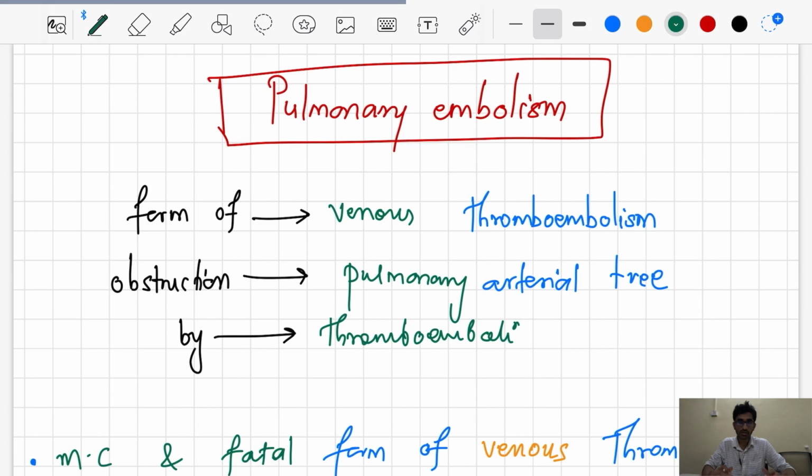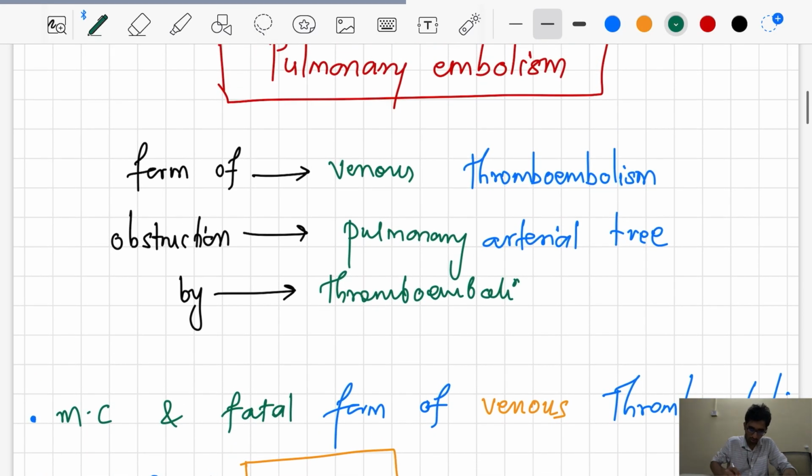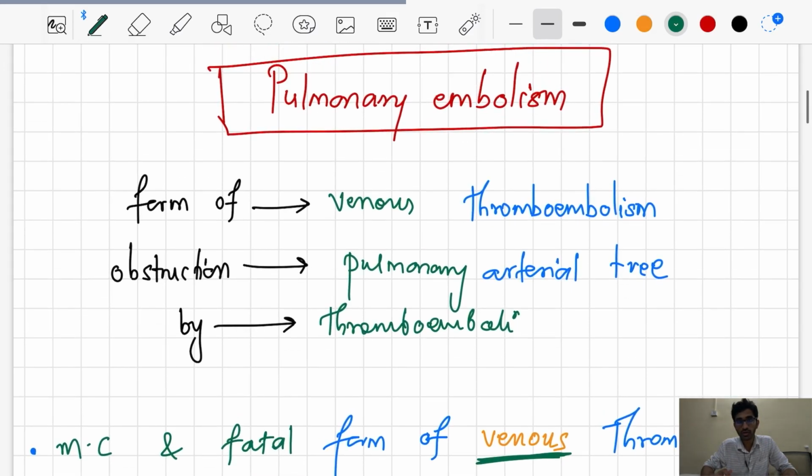The obstruction is in the pulmonary arterial tree, and it is the most common and fatal form of venous thromboemboli. It is a form of venous, and the most common cause is deep venous thrombosis. Most common cause of pulmonary thromboembolism is deep venous thrombosis. So this is the definition of pulmonary embolism.